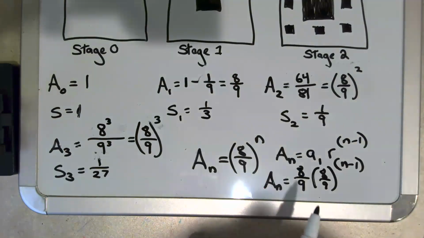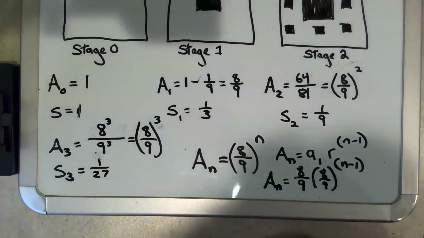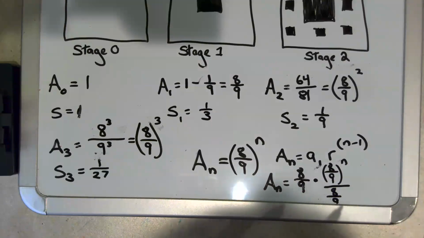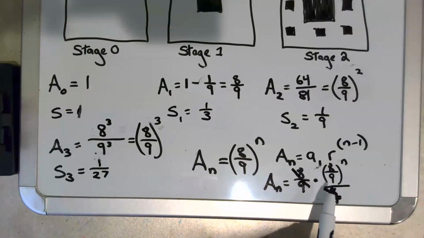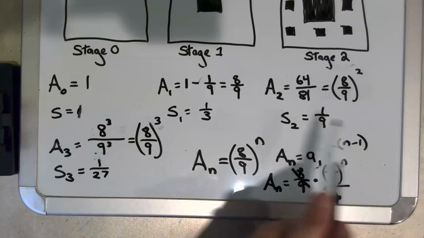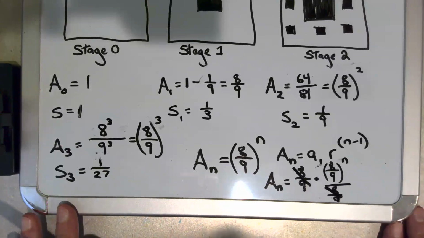So if we have 8/9 times 8/9 to the n minus 1, well, a power with subtraction is the same thing as division, so we could rewrite that like this. That would be the same as 8/9 to the n divided by 8/9, and those two 8/9s will cancel, and so you can see we've got A at stage n equals 8/9 to the n, whether we look at it through geometric sequence and series, or whether we look at it through trial and error and developing our pattern.